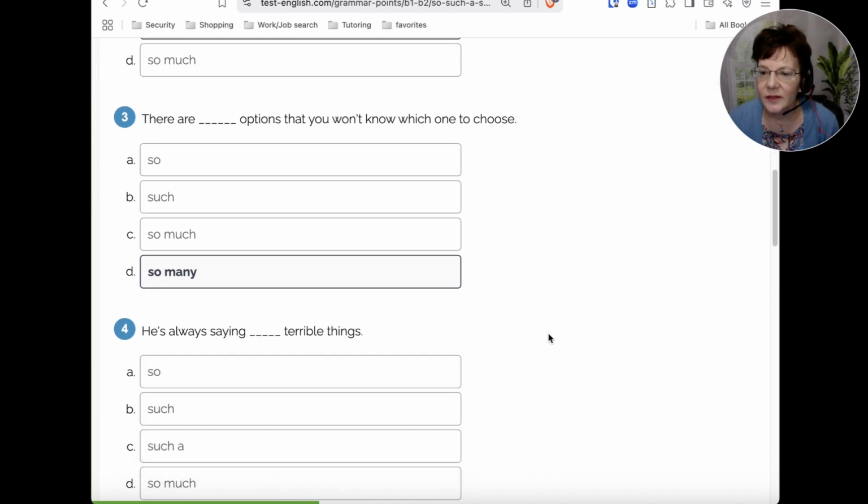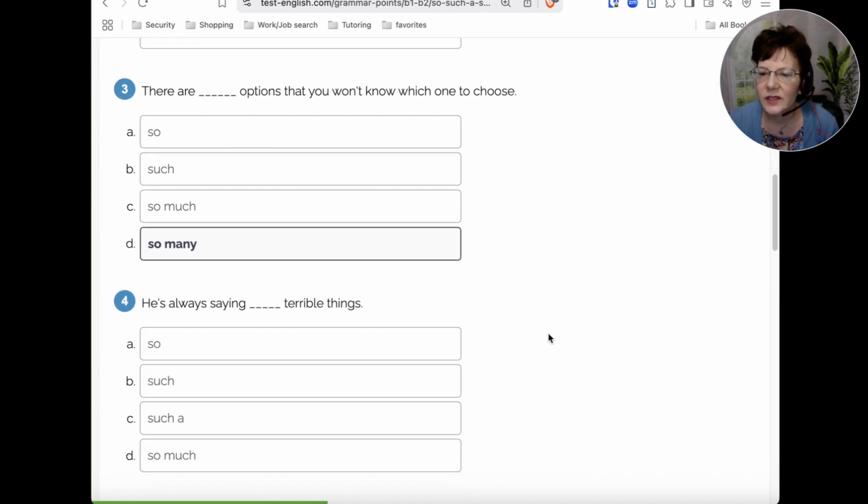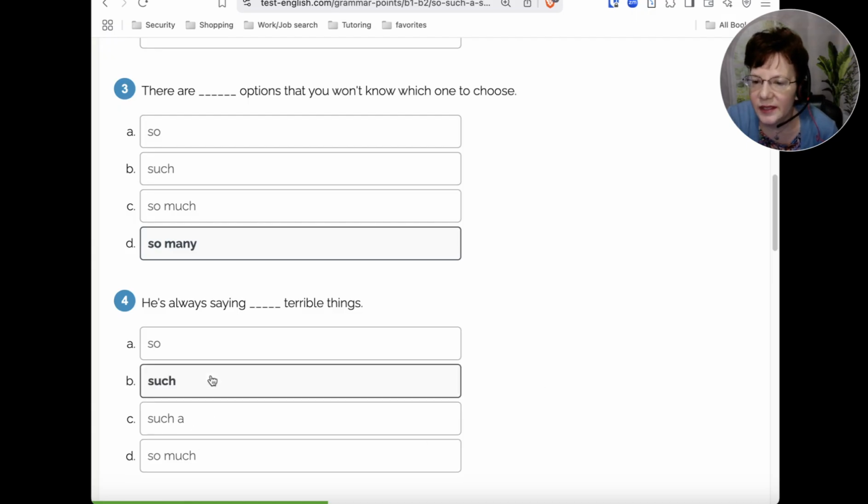Okay, one more. He's always saying... terrible things. Okay, so which one goes here? Okay, so you know that it's plural, right? So which one do we choose? If you chose option B, such, like such terrible things, that would be correct.